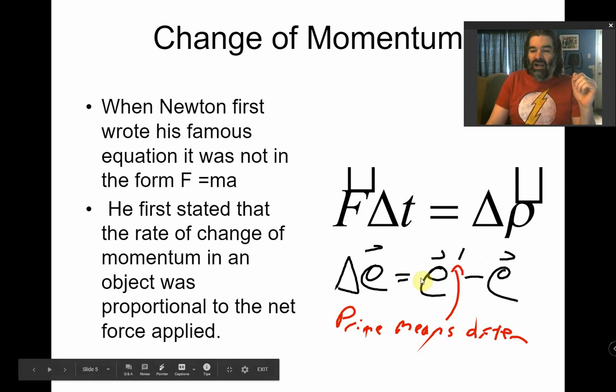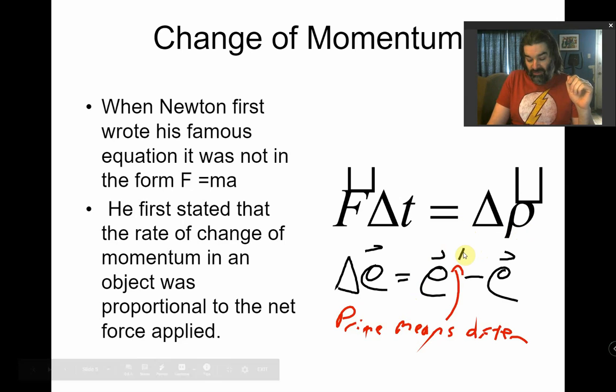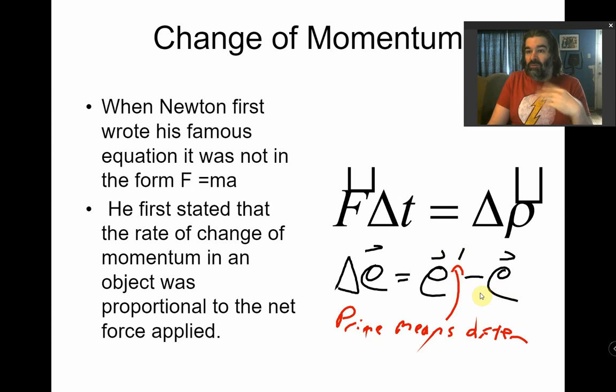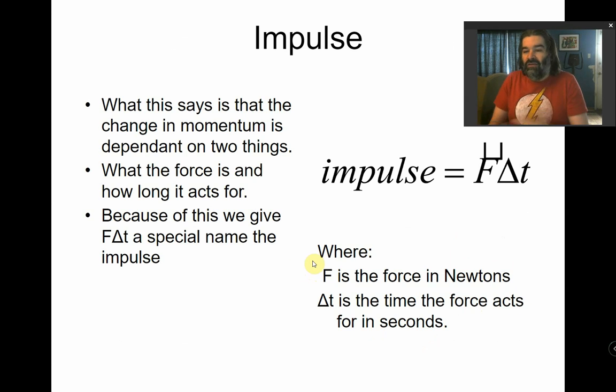So what we're going to do is put a little prime symbol after it, just a little slash after it, to show this is the one after, because we are going to have multiple objects very soon when we start doing collisions. So I can't use rho 2 for being the final anymore. This prime symbol means the final momentum. That's the initial momentum. So that F times delta t he called the impulse.